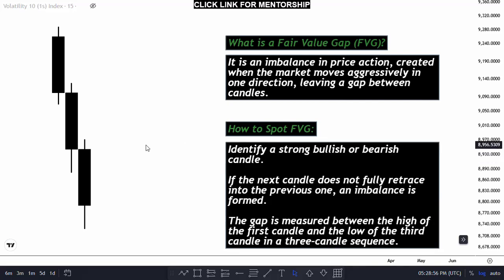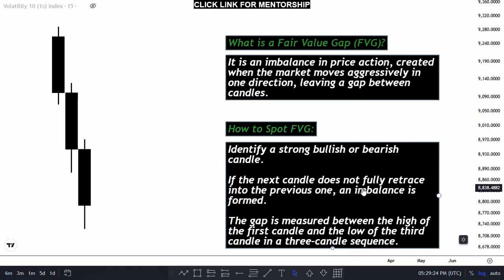You just need to identify a strong bullish or bearish candle. In this case, we have a bearish scenario, meaning you just need to identify a strong bearish candle. What I mean by that is you need one candle that is going to stand between this candle and that candle that is going to leave a space. That is a strong bearish candle.